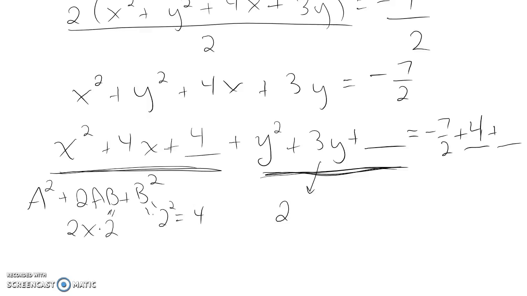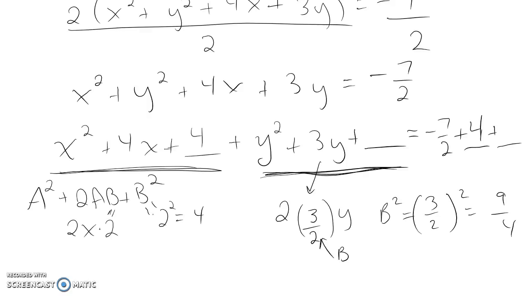I know that I have 2 times ab, so 2 times y here. If I want to make it 2 times a times b, what can I multiply that by that will make it 3? Well, how about 3 halves? So if b is 3 halves, then b squared here will be 3 halves squared, which is 9/4. I'm going to add 9/4 to the left and 9/4 to the right.